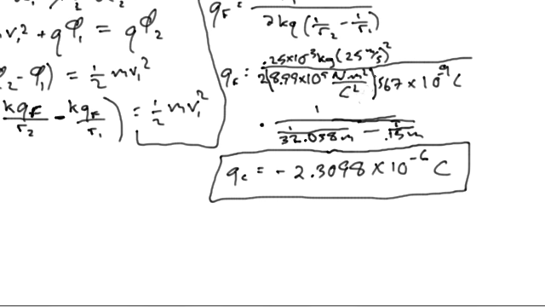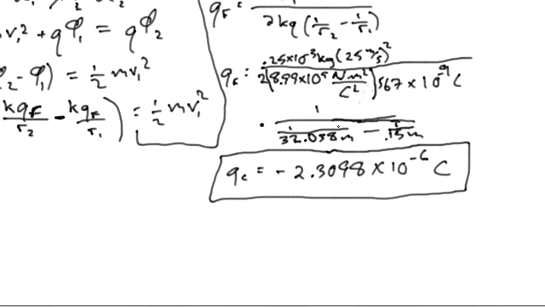So a meter per coulomb in the denominator, so it's a coulomb per meter, and then times a meter, so that does wind up with coulombs.